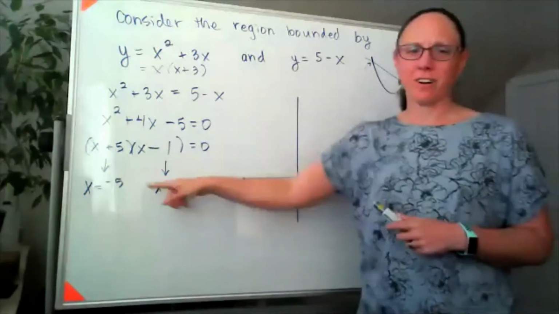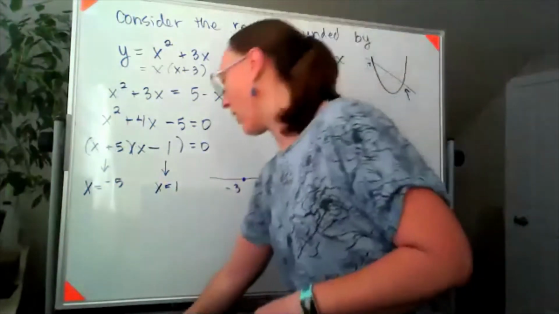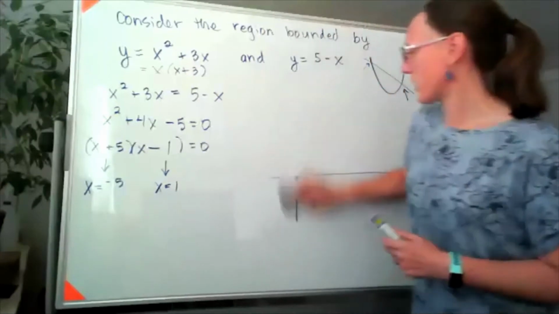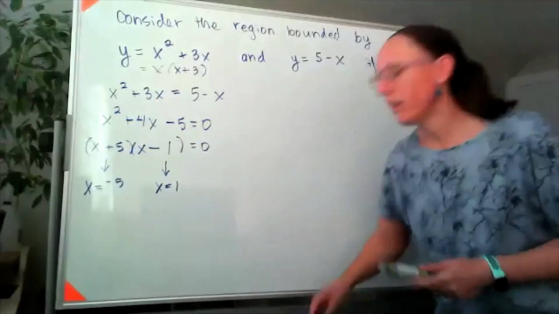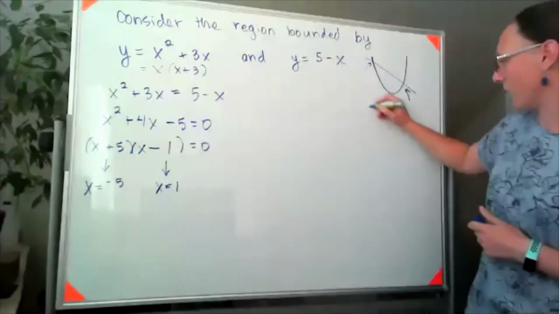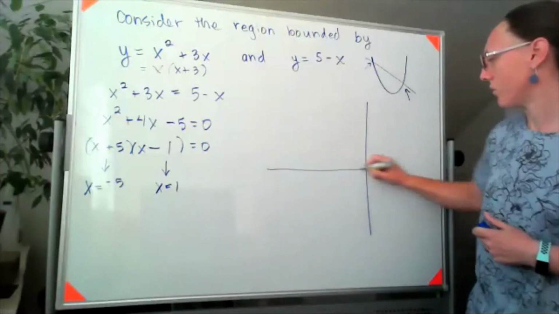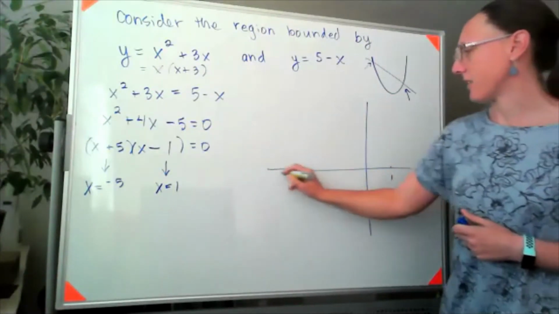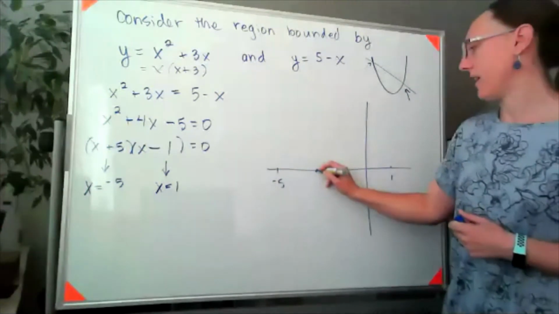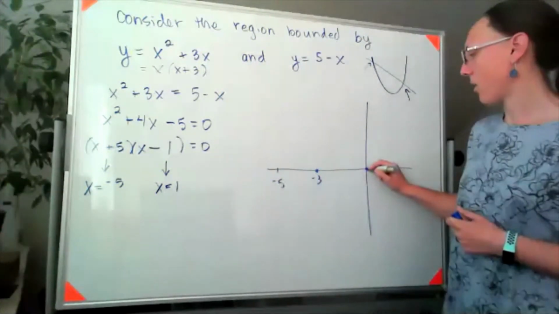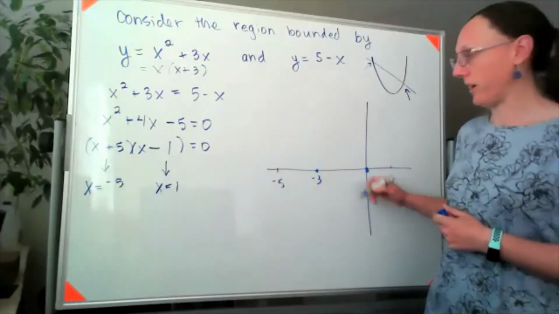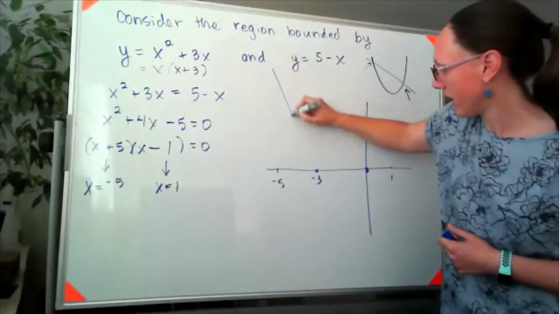And I just realized if our intersection points are negative 5 and 1, I probably want a little more space on the left-hand side of my axis. So let me get this going over here. I know we're going to intersect at 1 and negative 5, and I know our parabola goes through negative 3 and 0.